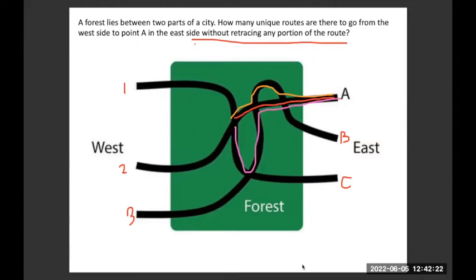You can see the different colored lines: blue, orange, red, and pink. You can see that?